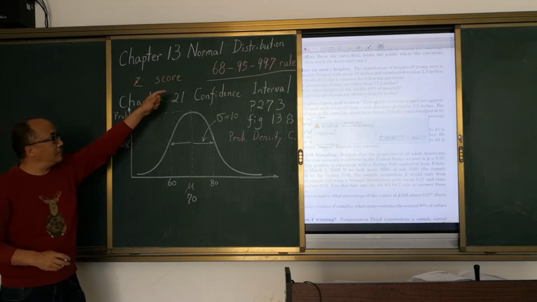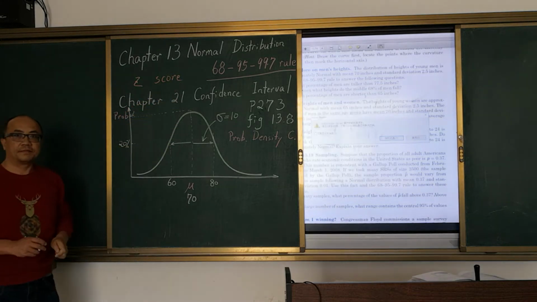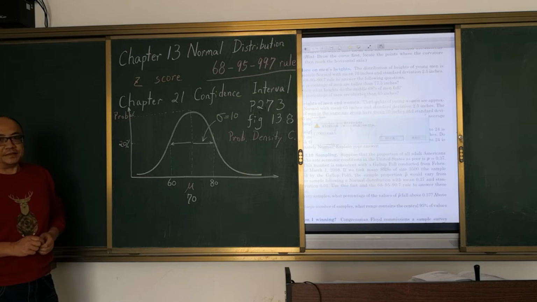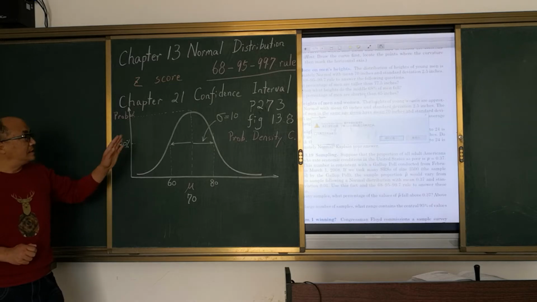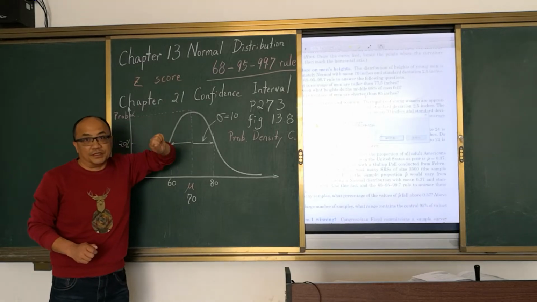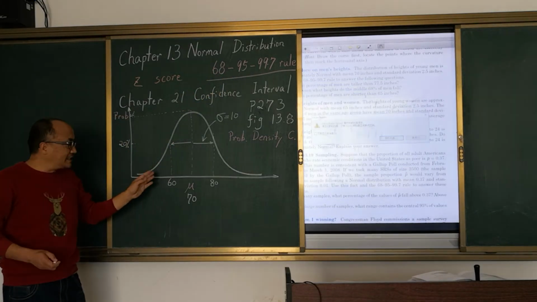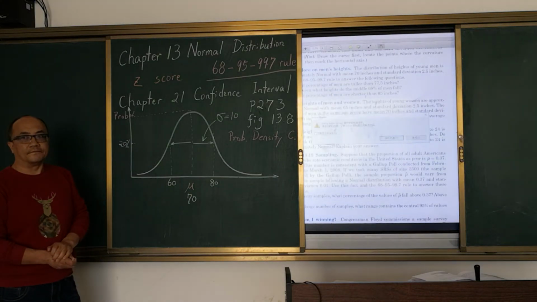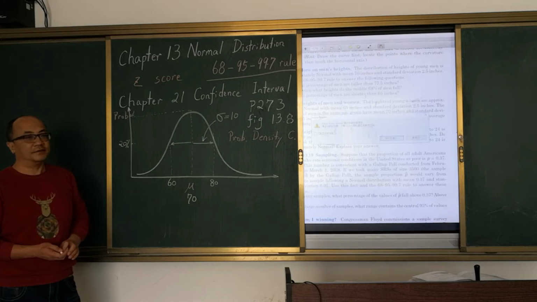So what does this mean if we apply this rule here? That means 68% of students, the score is between 60 to 80. Is between 60 to 80.